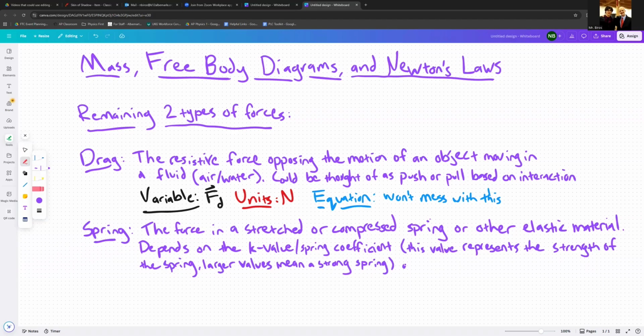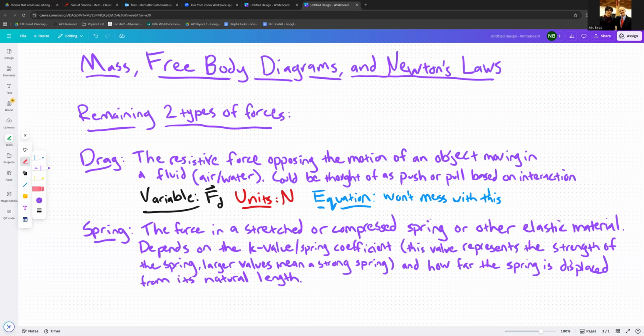Okay. So the amount of force in this spring depends on the K value or spring coefficient and on how far the spring is displaced from its natural length. So the natural length of a spring is if it's relaxed, if the spring is just sitting there, that's its natural length.